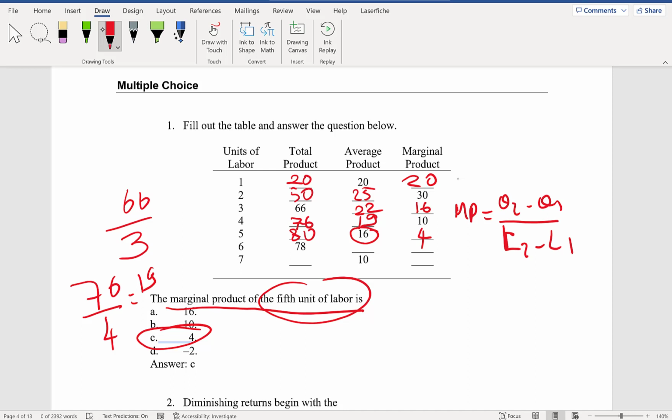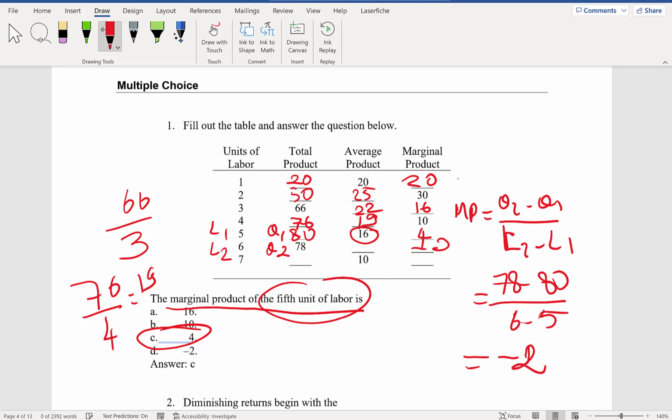This is Q2, Q1, initial, final. For the 6 workers employed, Q2 is 78 minus 80 divided by 6 minus 5. This is negative 2 units. So actually with the 6th worker, marginal product becomes negative.